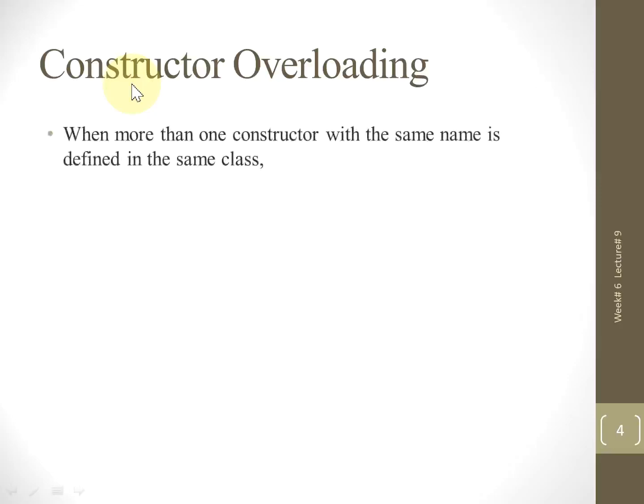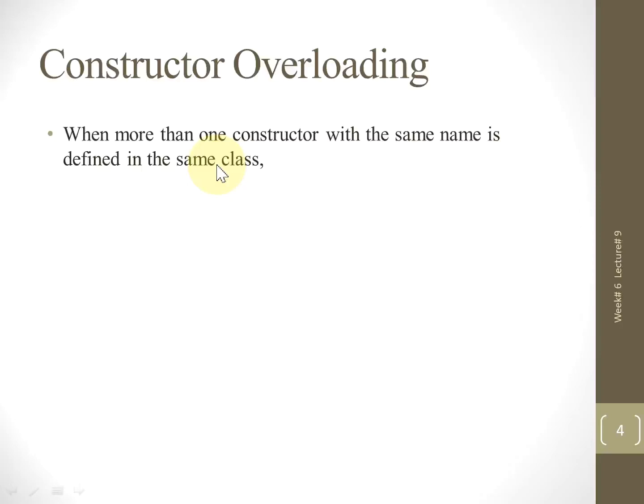Constructor overloading means that we have more than one constructor function defined in the same class. So within the same class we have more than one constructor function, and then it is called constructor overloading, just like function overloading.